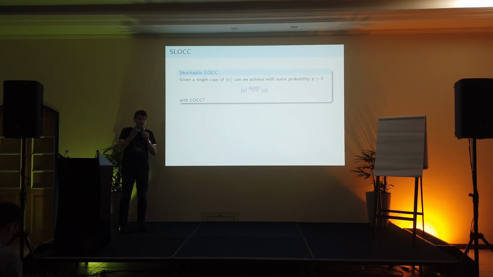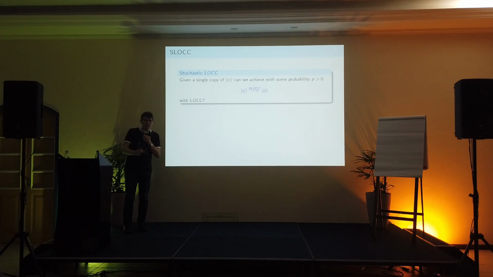Stochastic means I do not care whether I arrive at this target state with probability 1, I just care whether there's a finite probability to arrive there. I may run some protocol, in the remaining cases I may fail, but there's at least a finite probability that in one branch of the protocol I succeed. If this is possible, you can still say that these states are somewhat equivalent. At least if you have one copy of this state, there's a finite probability to reach the other state.